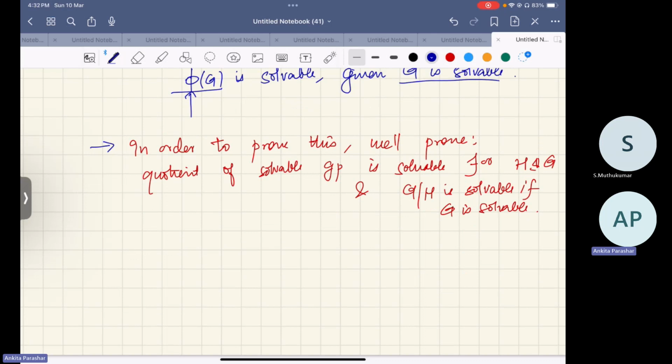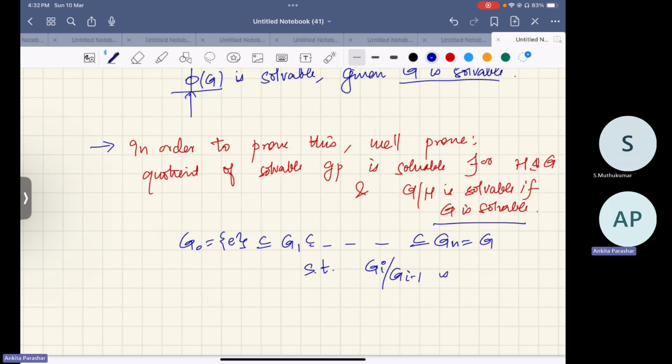All right, so let me use the definition that G is solvable. Then we have a chain of subgroups G0 equal to trivial contained in G1, contained in Gn equal to G, such that Gi by Gi minus 1 is abelian and Gi minus 1 is normal in Gi. Right, this is the definition for G being solvable.